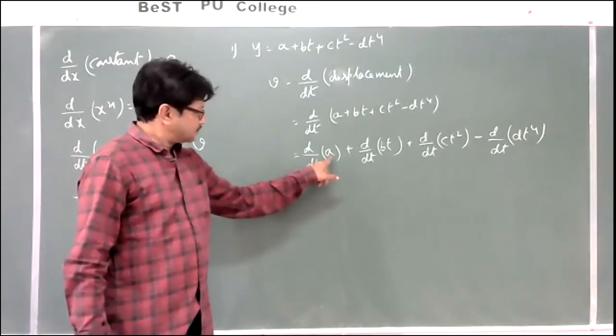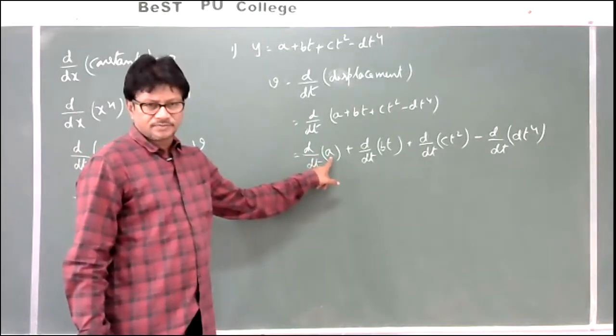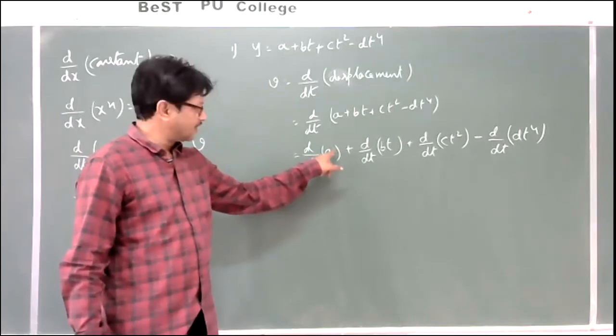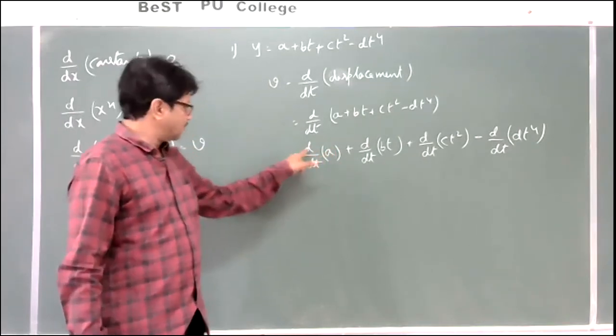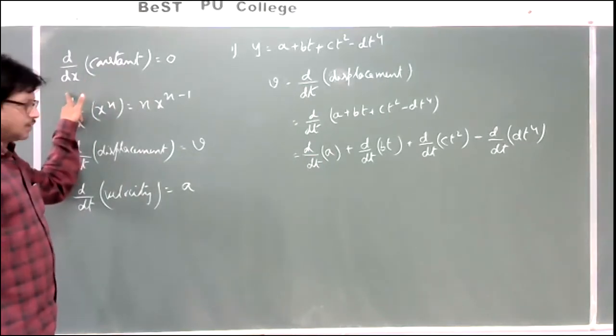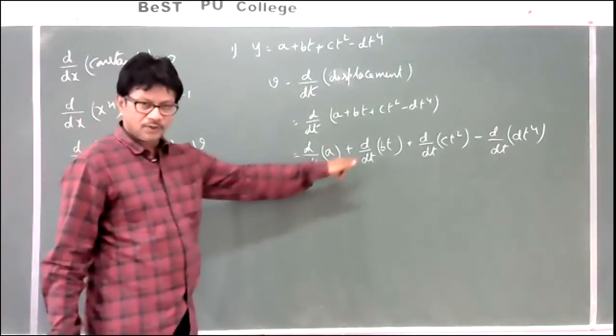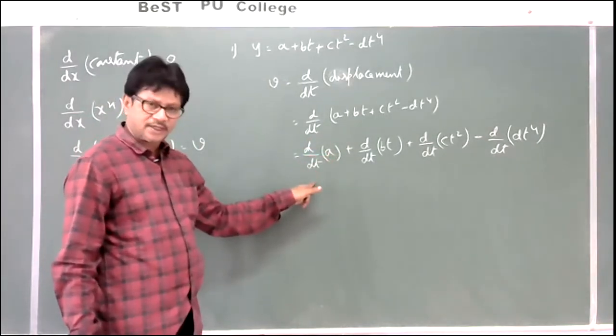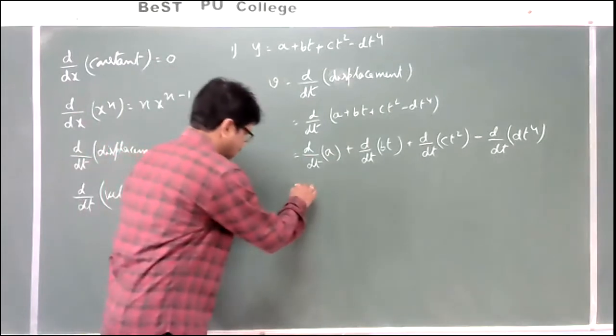So here a is a constant because this value will not change with respect to time. So if you differentiate the constant with respect to any variable, the answer is 0. So here we are differentiating the constant with respect to time. So the answer is 0.